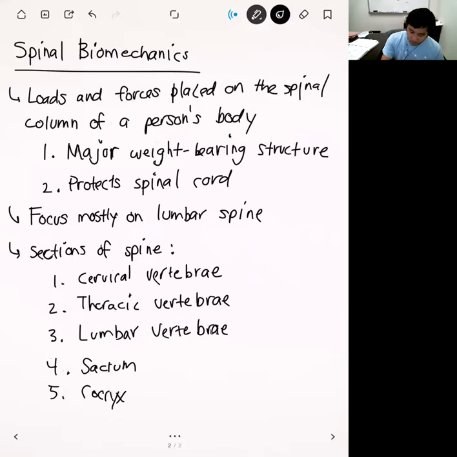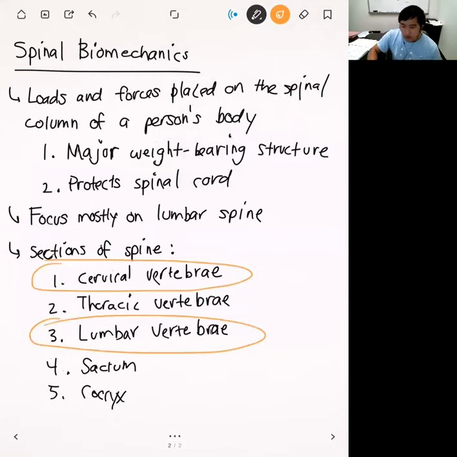Out of these vertebrae, the parts that are most interesting for biomechanics are the cervical vertebrae, because that's basically your neck, and a lot of injuries can happen at the neck, and also your lumbar vertebrae, which is at the bottom.